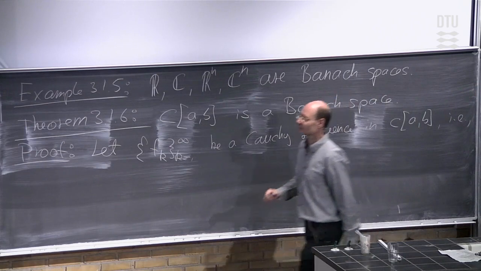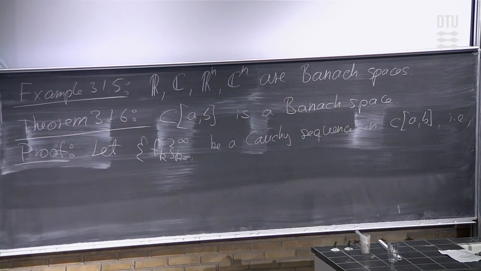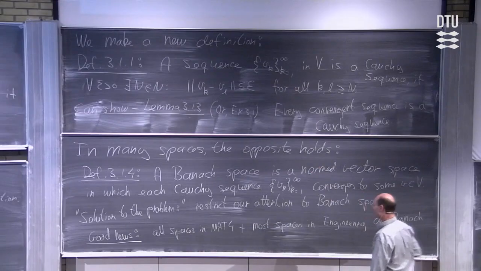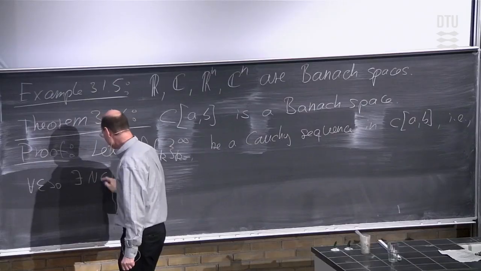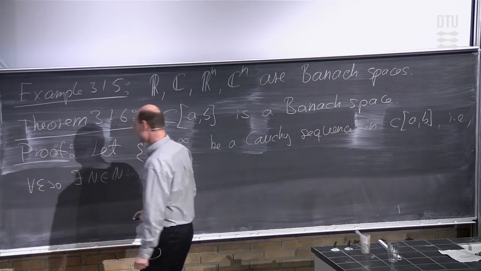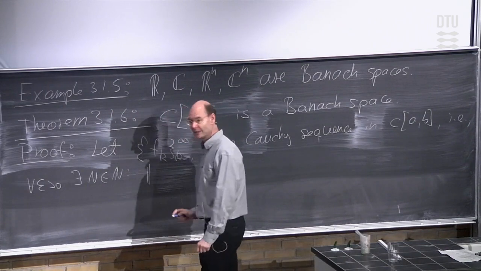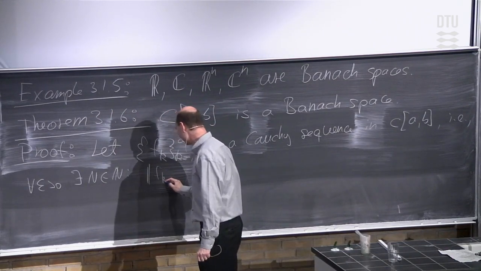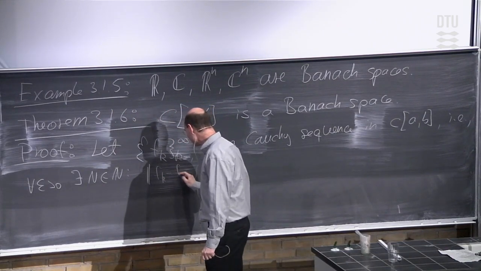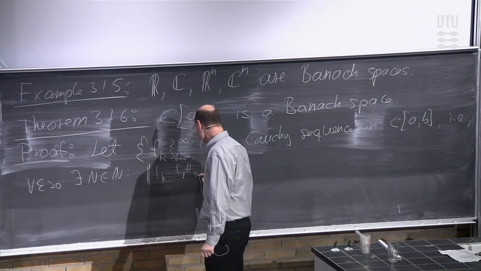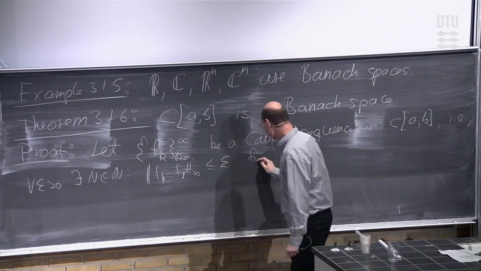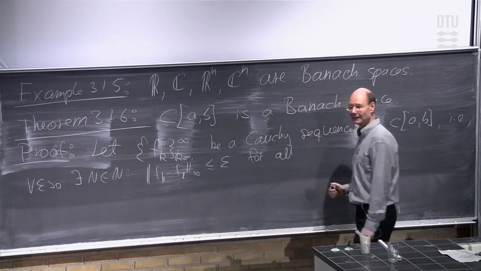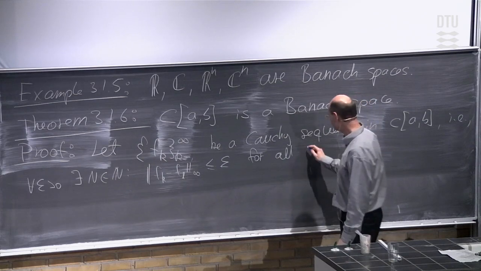Now we can just refer exactly to the definition that we have up here. So this means for all epsilon that are given, there exists a number n such that if we look at two elements, fk and fl, then the norm of fk minus fl will be smaller than or equal to epsilon for all k and l that are greater than n.